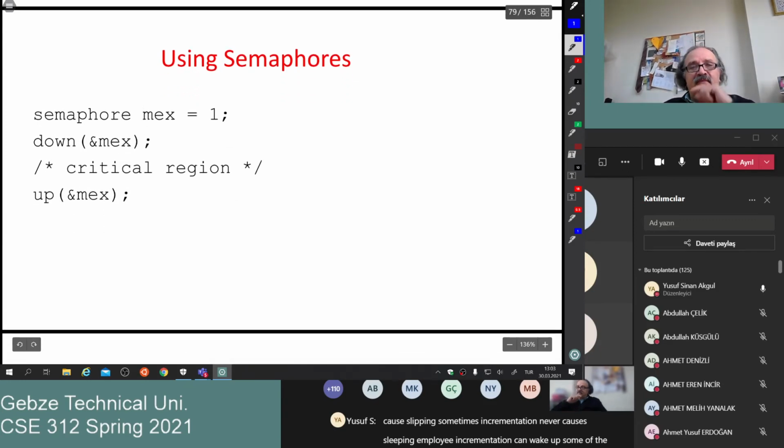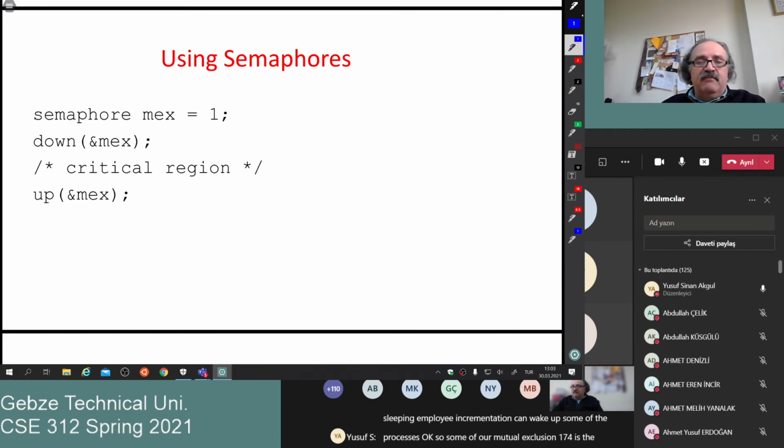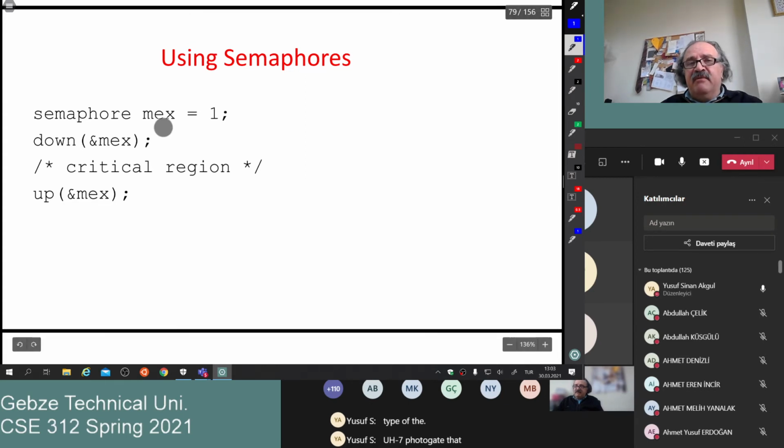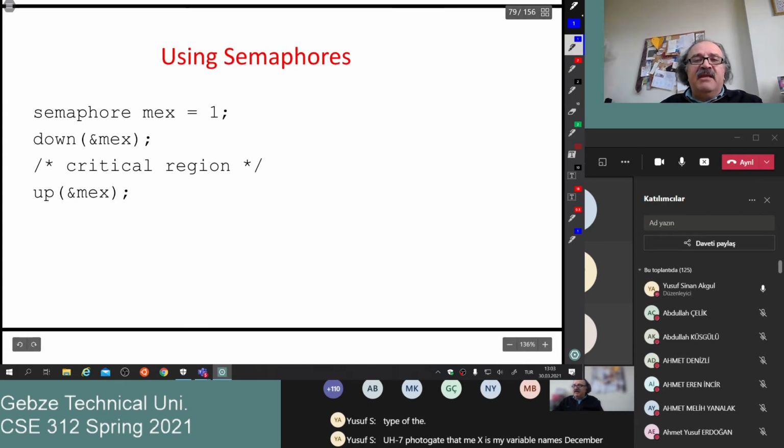Okay. So semaphore, mutual exclusion 1. Semaphore is the type of the semaphore. MEX is my variable name, the semaphore name. At the beginning, its value is 1. So I down the mutual exclusion semaphore by 1. It becomes 0. It doesn't get blocked because it was 1 before decrementing. I am in the critical region.